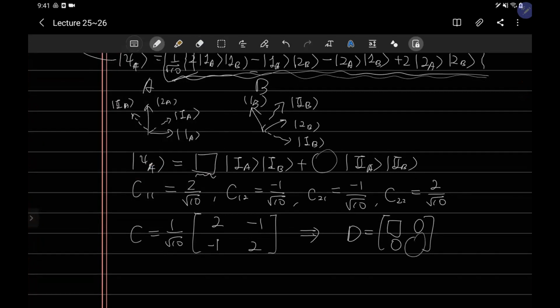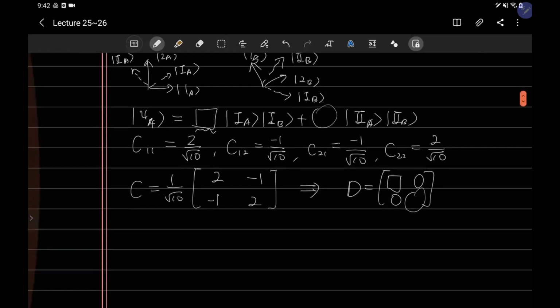In the new basis, all the non-diagonal components will be 0, and only the diagonal components which appear here and here will be non-zero. So this is my goal for this given matrix.